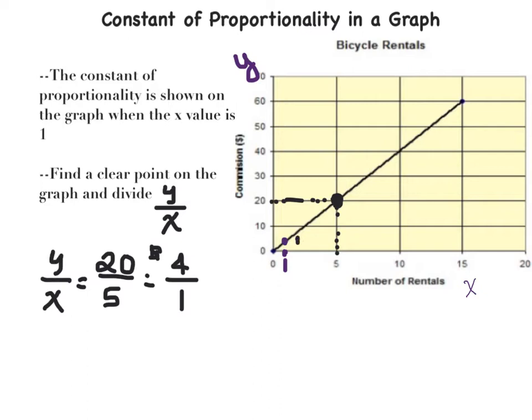So that means this little point right here on the graph would be 1. This constant means every single rental is $4. It's a constant rate. So find a clear point on the graph and divide y over x to get the constant.